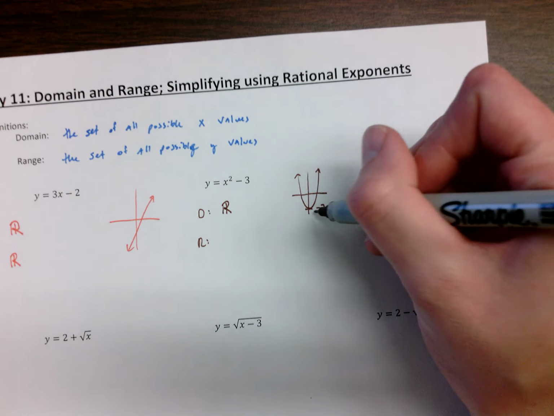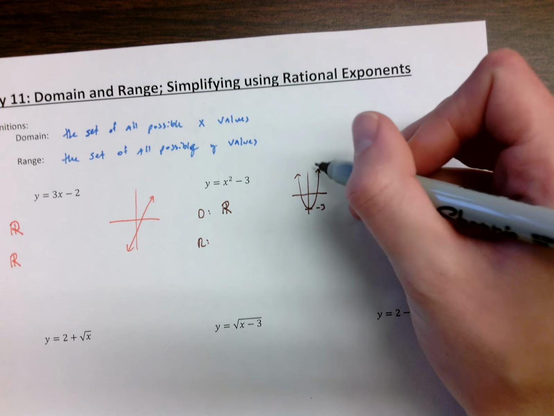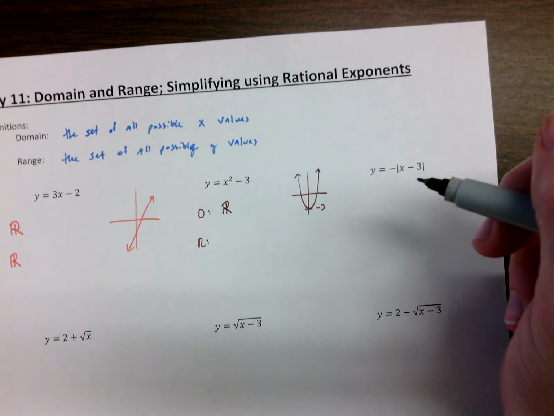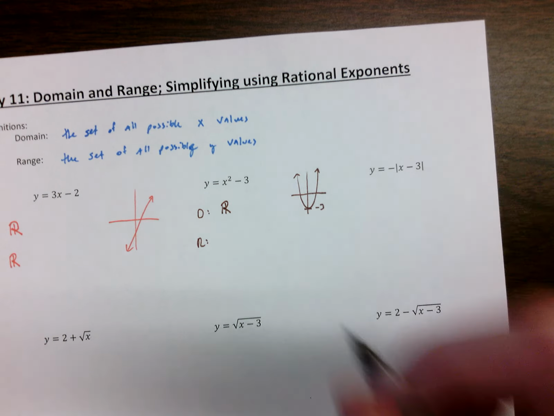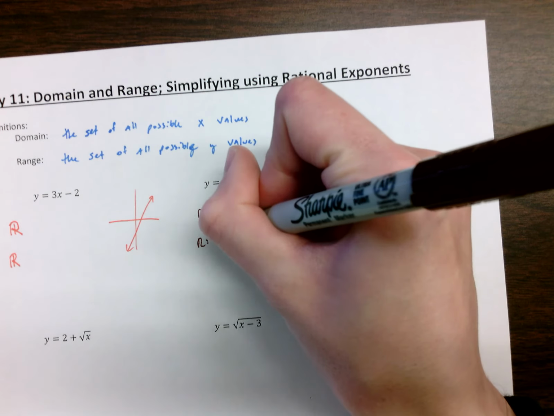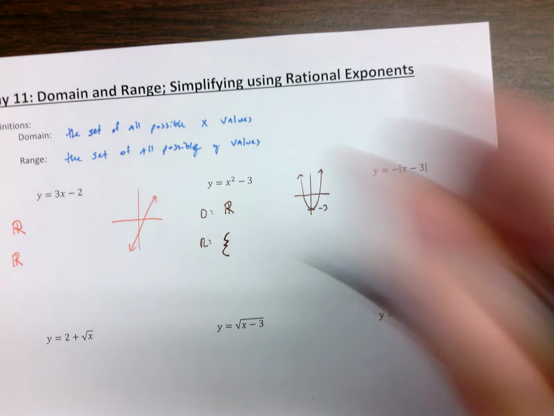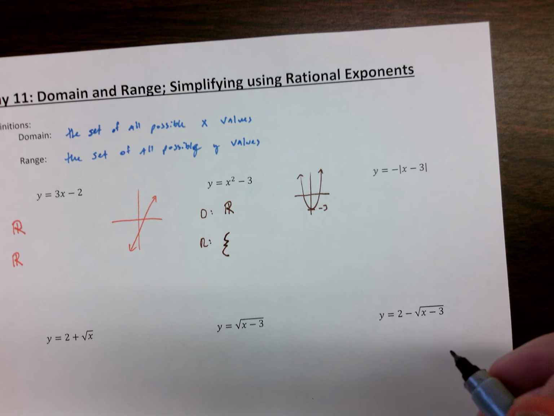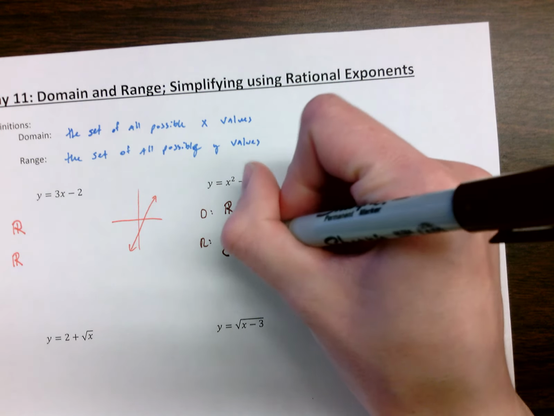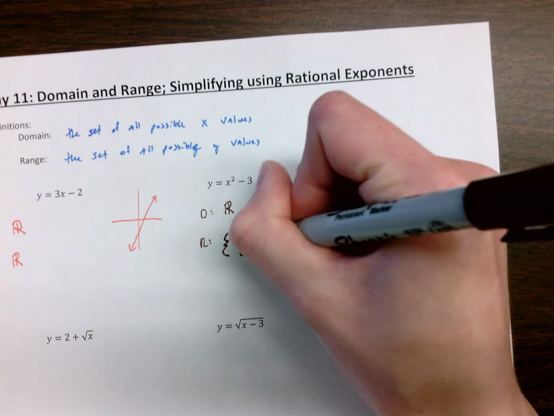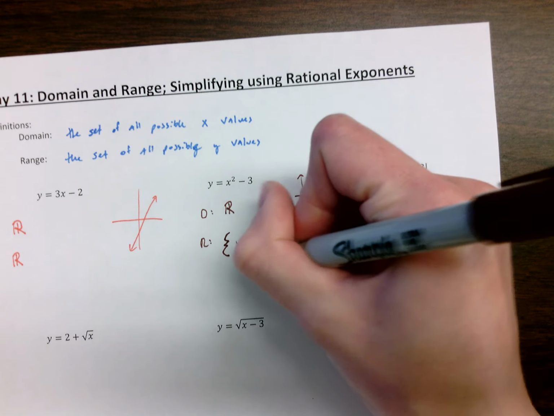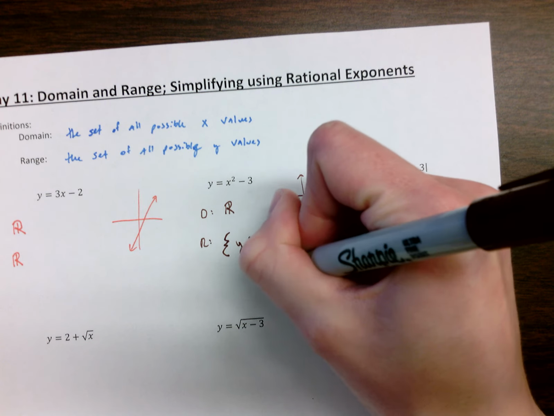But the range is different, because you can see from this graph, it's going to keep getting higher, but it never goes below -3. So here's how we're going to write the range for this one. We're going to start with a brace, those squiggly parentheses. Then you write y and then a colon, and the way that you pronounce that is "such that."